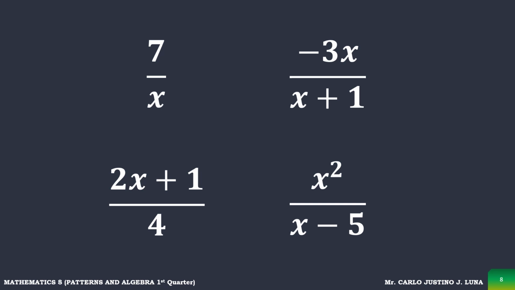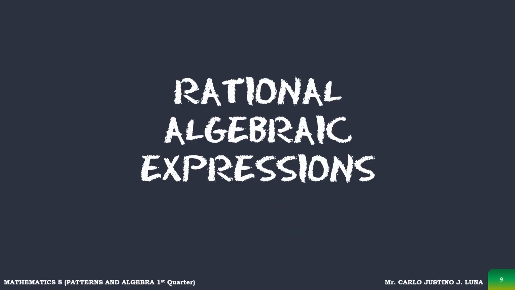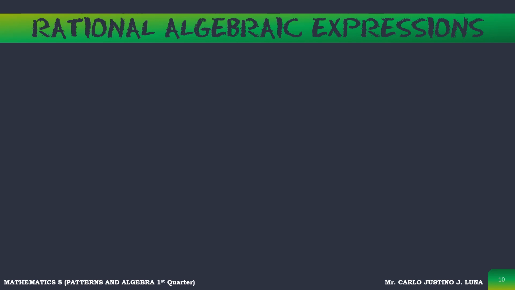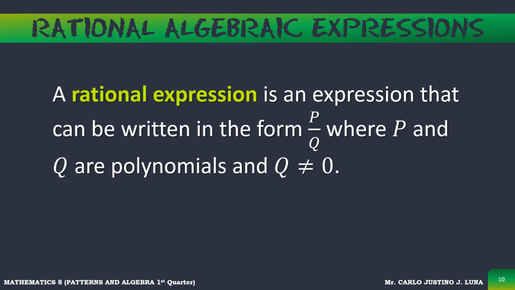Okay, let's proceed. So what is a rational algebraic expression? Let us now define rational algebraic expressions. A rational algebraic expression is an expression that can be written in the form P over Q, where P and Q are polynomials, and Q is not equal to 0.